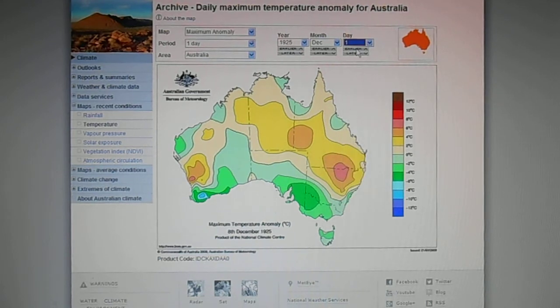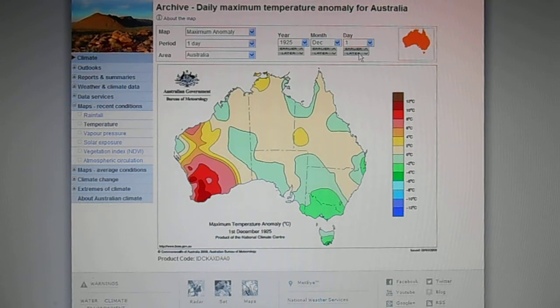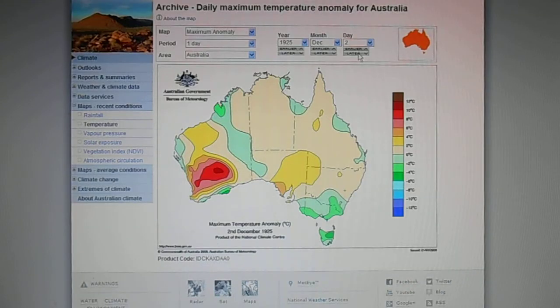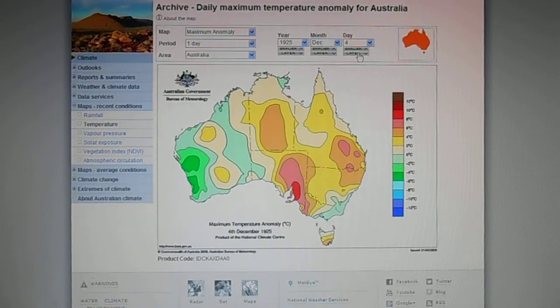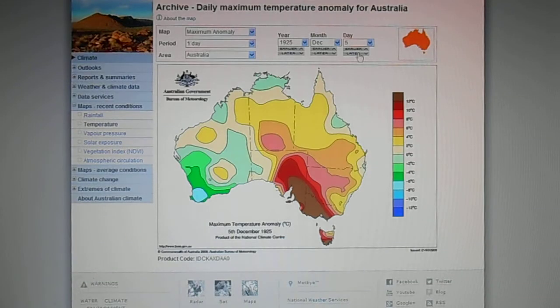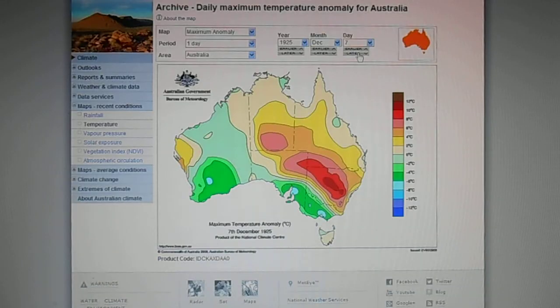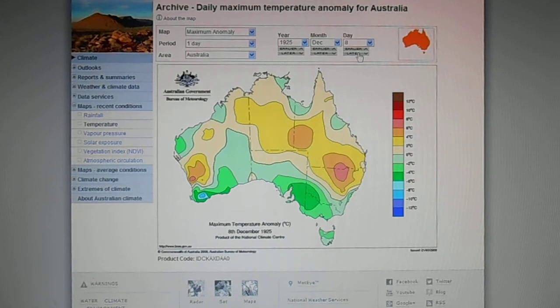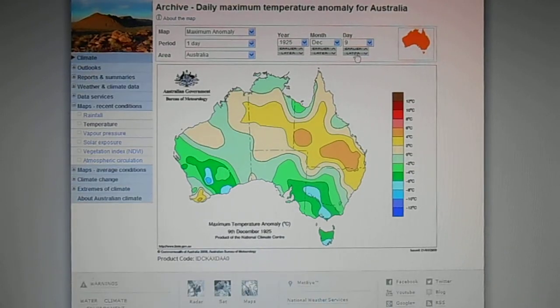Go back to the beginning, and there we see the zero line right through our area, and as we continue on, that zero line stays there, or we see colder than average spreading across that area. And there is no way that these things are going to add up to that hot.